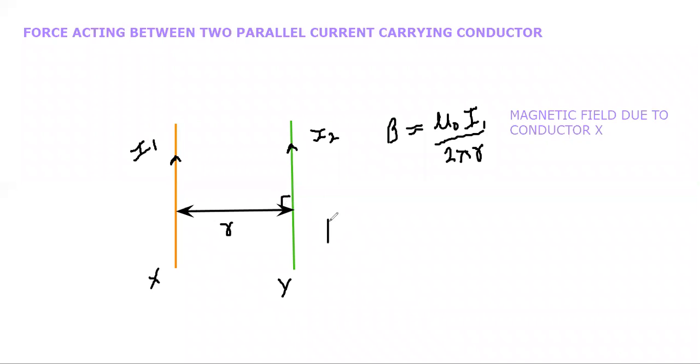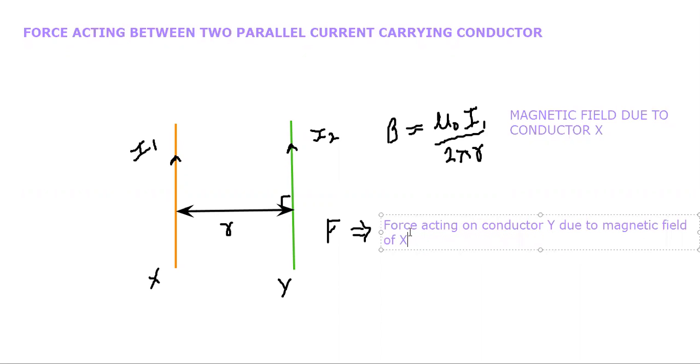So if I'm calculating the force acting on conductor Y, F means that it is the force acting on conductor Y due to the magnetic field of X.